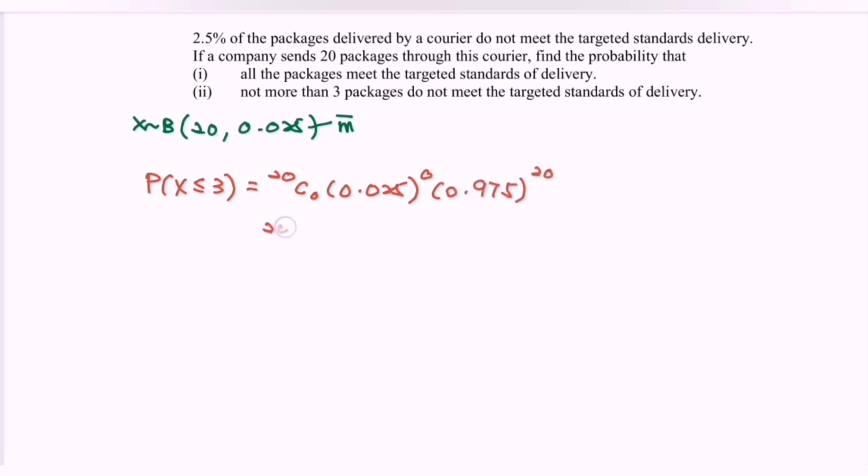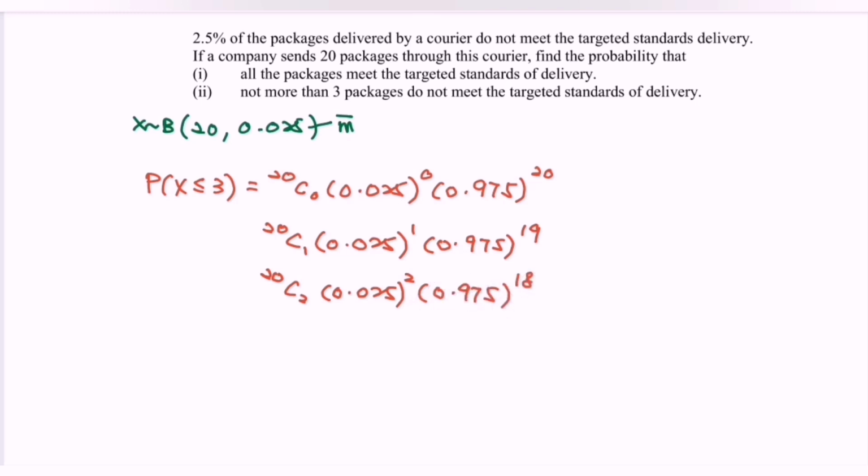Add on 20C1, 0.025 to the power of 1, 0.975 to the power of 19. 20C2, 0.025 to the power of 2, 0.975 to the power of 18. 20C3, 0.025 to the power of 3, 0.975 to the power of 17.